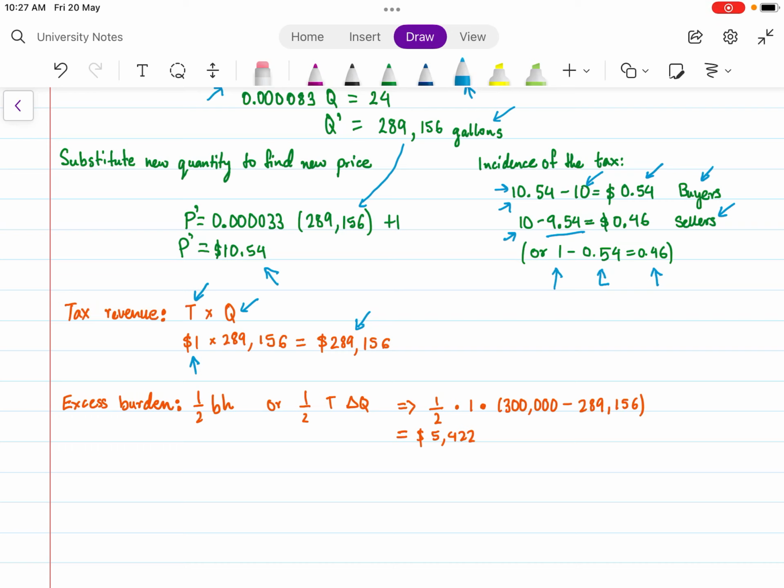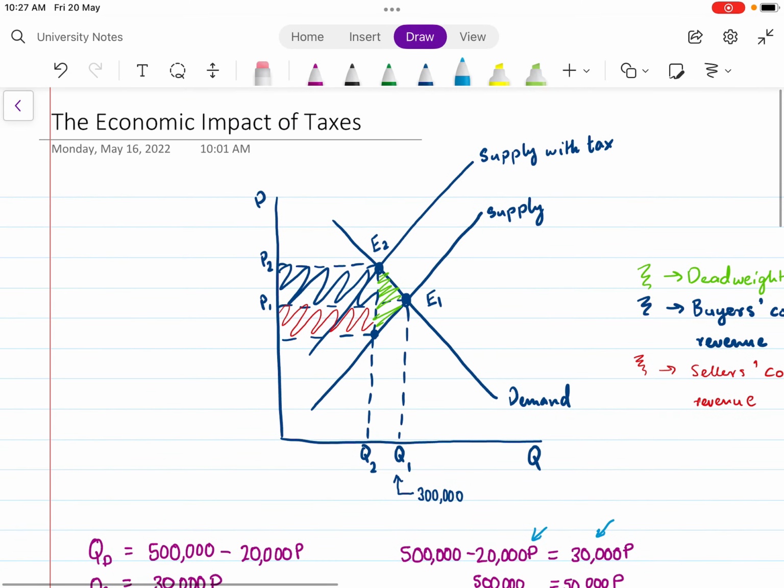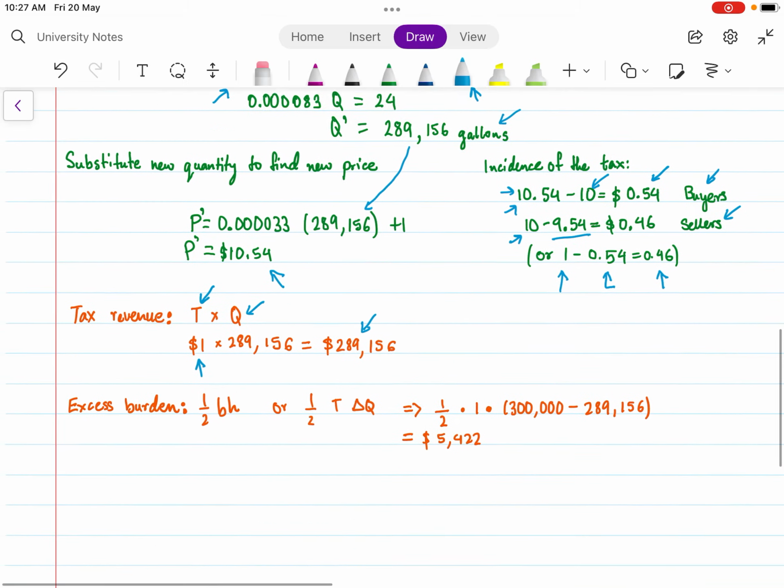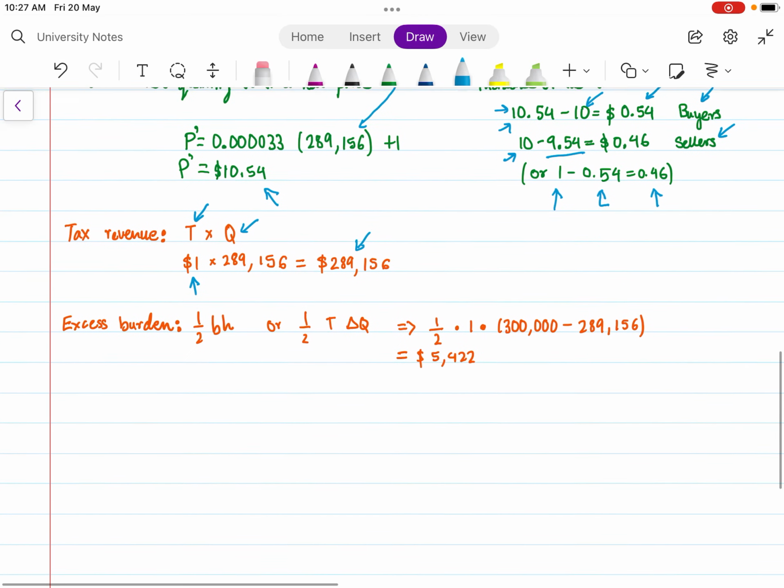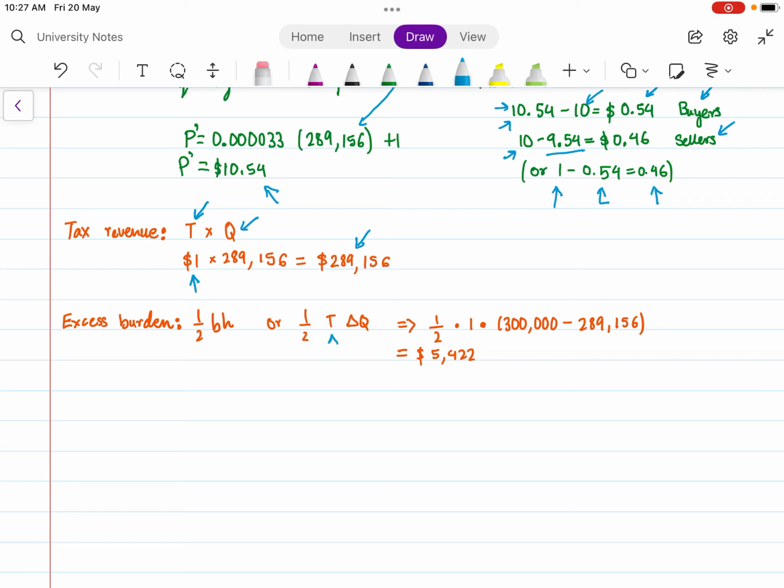The excess burden is calculated by calculating the area of the triangle that we see in the graph here. It is this green area here. And to calculate that area, we multiply the tax by the change in quantity multiplied by 1/2, which is part of the formula for calculating the area of a triangle.